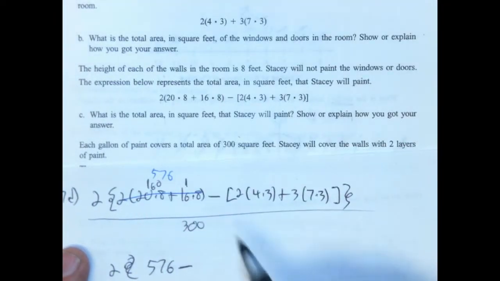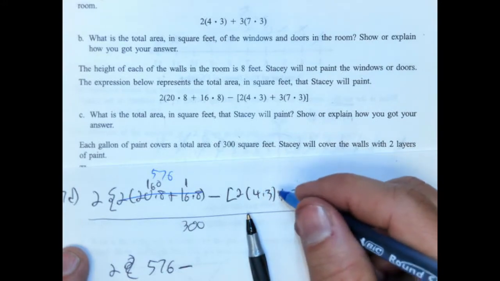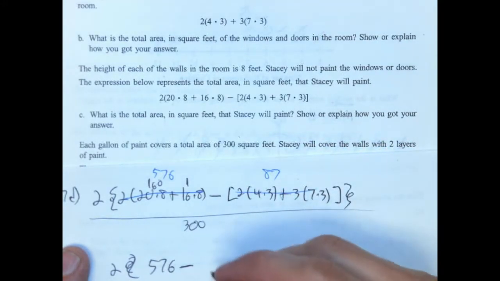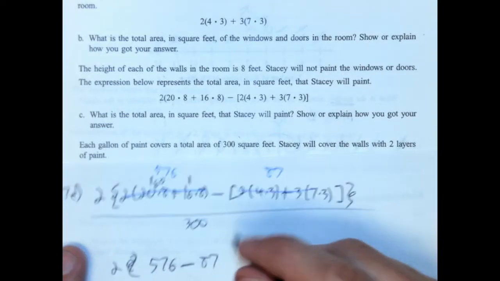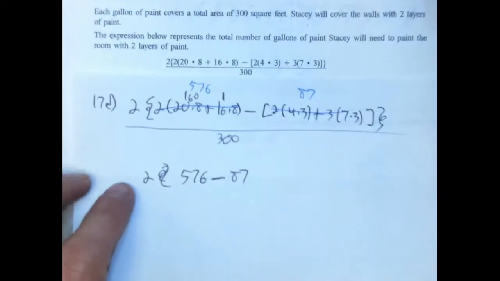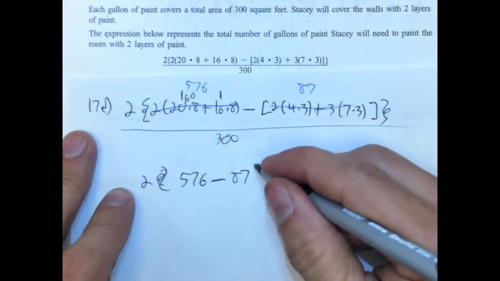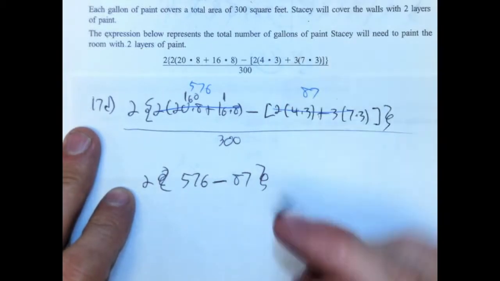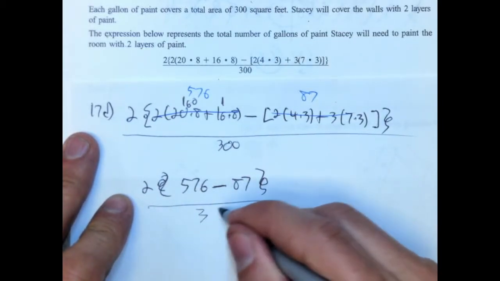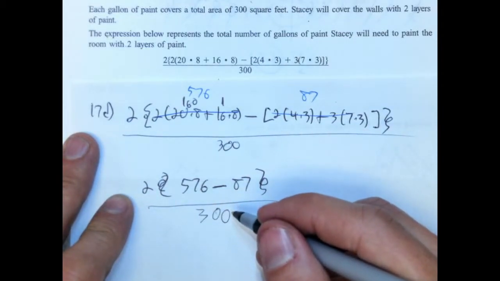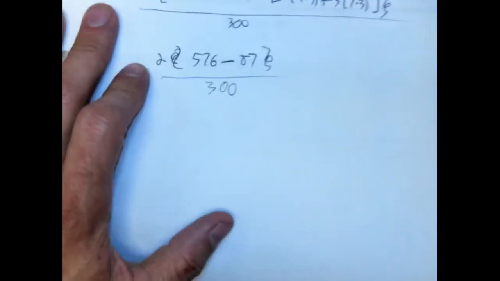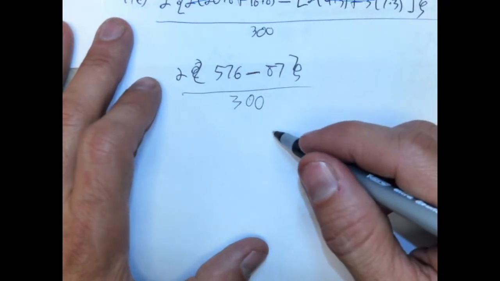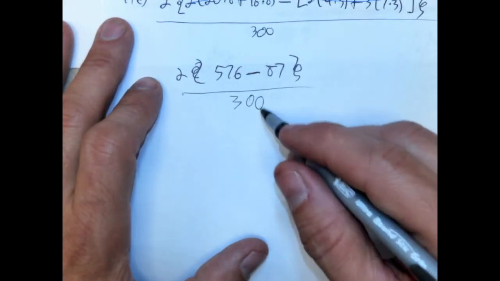So we're going to change it to 87. Okay. Close the squiggly. And then it's over 300. Now we can do this. That saves us a lot of time. All right, so 576 minus 87 should equal 489, which is what we did before.